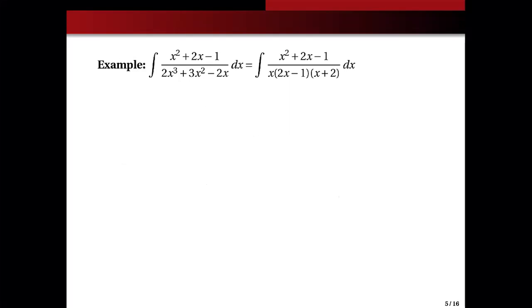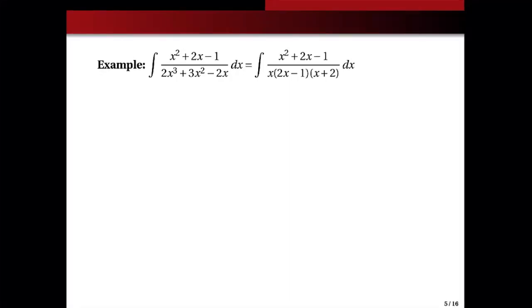When you try to factor this, you should end up with the product x times 2x minus 1 times x plus 2. So you have three distinct, particularly linear, expressions.